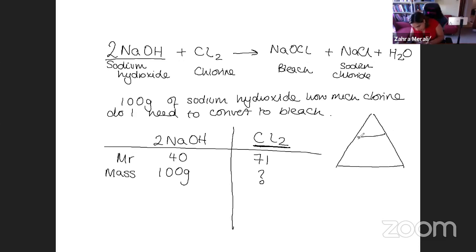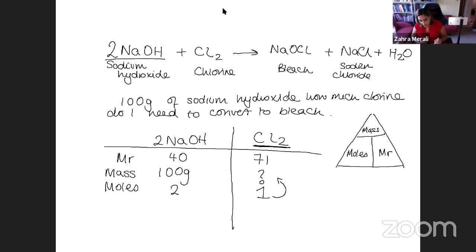We've got our mass, we've got moles, and we've got MR. So we know the mass, we've got the MR, so we've got our moles here, 2 moles here, and we only need 1 here. So our missing number here is the mass. Now, if we did it that way around, the problem is our masses aren't conserved. So it's not one to check.